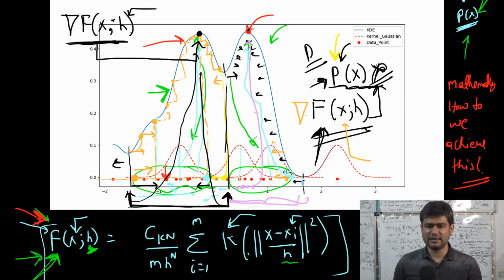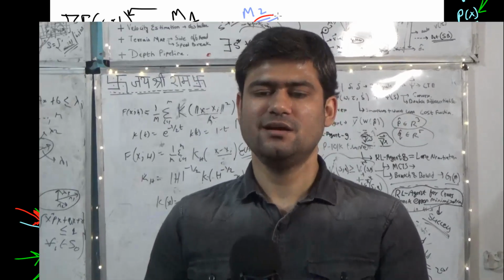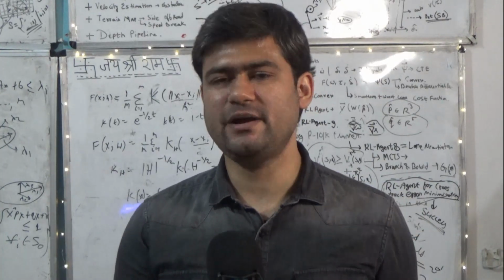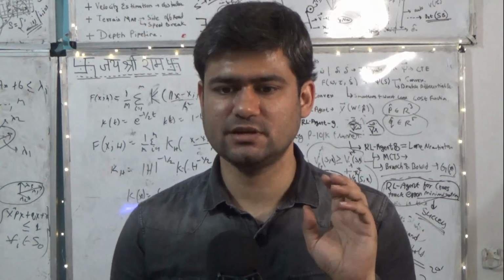So any point in the dataset that falls in this region will be associated with this mode M1 over here. Similarly, any point in this region will be associated with this mode M2 over here. And this is the fundamental idea behind the mean shift algorithm.